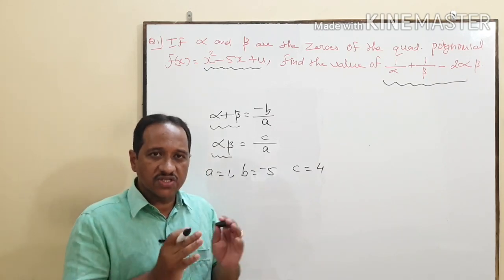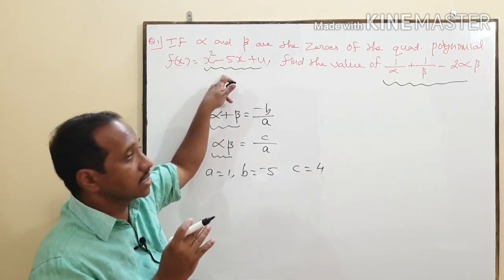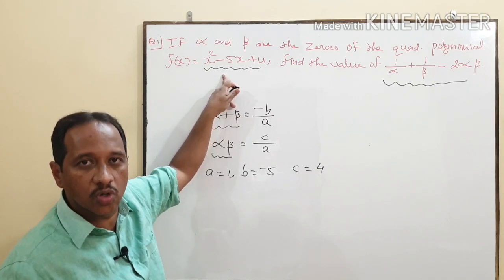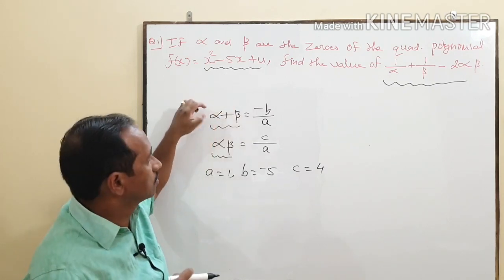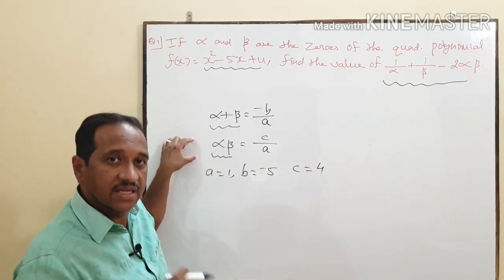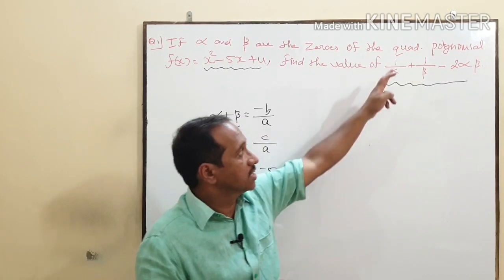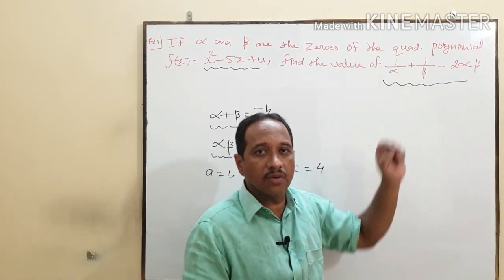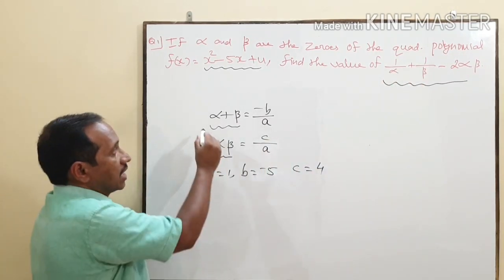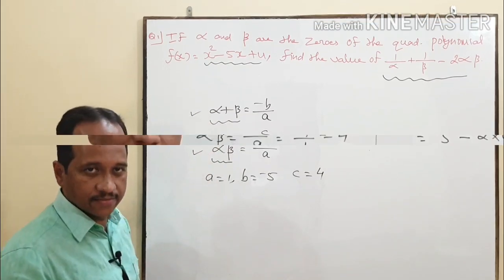So first, if alpha and beta are the zeros of this quadratic polynomial, what is the value of alpha + beta and alpha beta? Then we will convert the expression 1/alpha + 1/beta - 2 alpha beta in terms of alpha + beta and alpha beta.